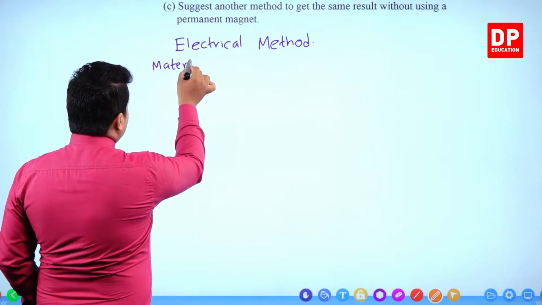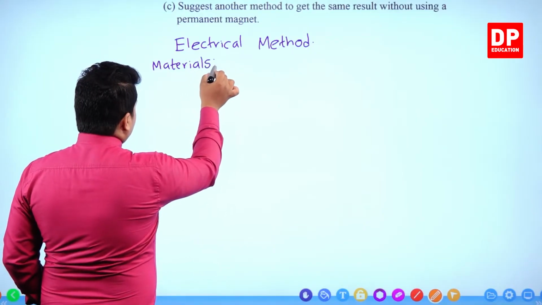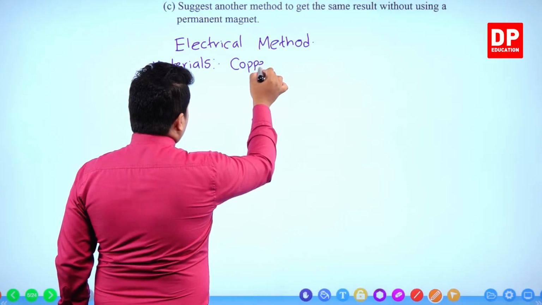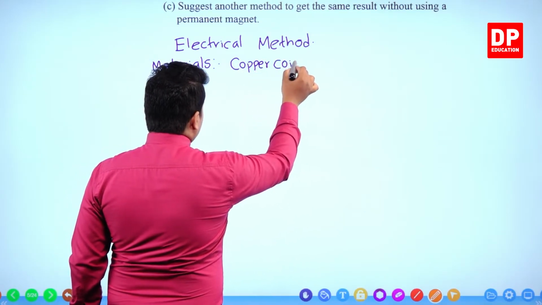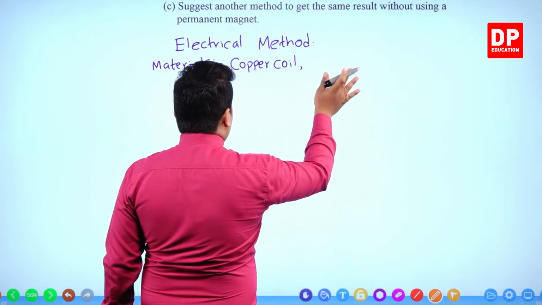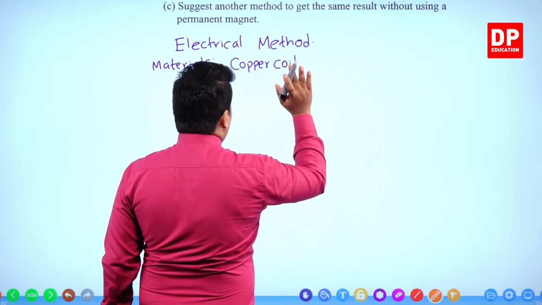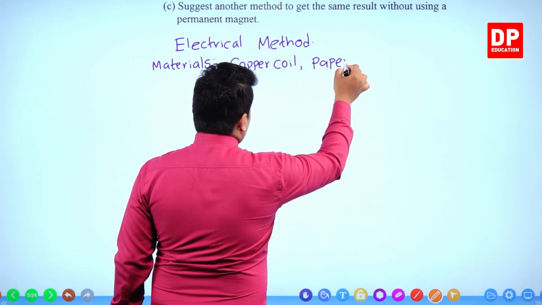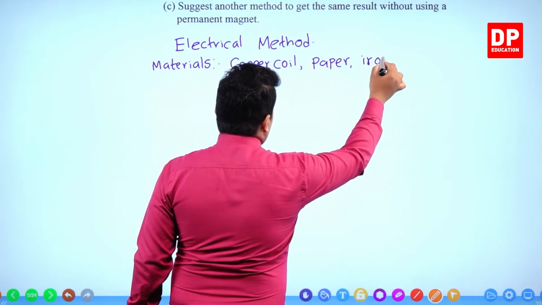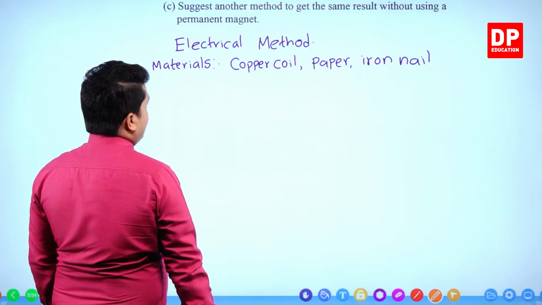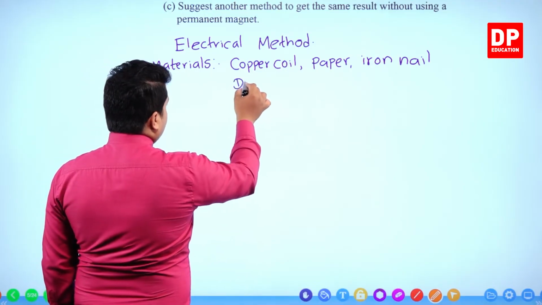Materials: copper coil, cardboard sheet, or else just a paper. I'll mention paper, iron nail, then a dry cell.